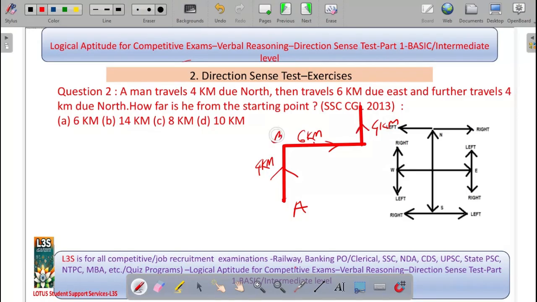Say A, B, C, D. Now we have to find out how far it is from the starting point.